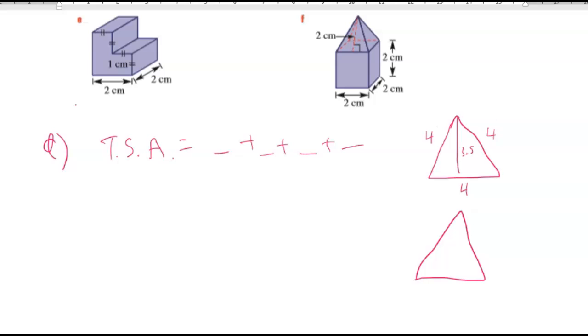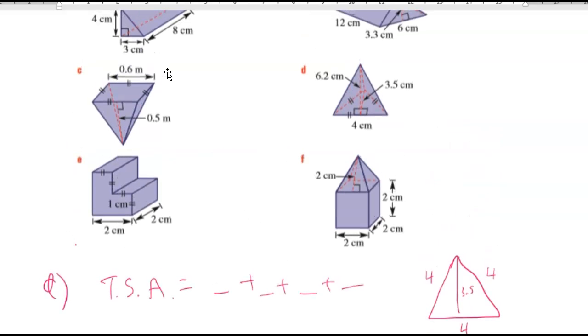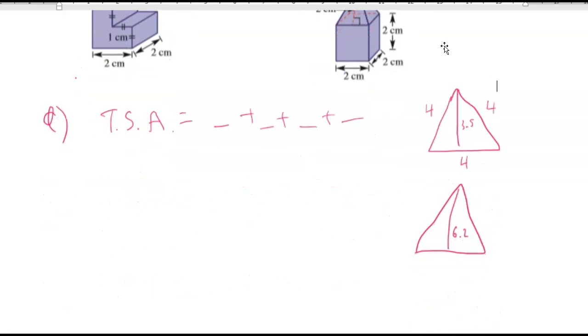So the height, so you can see that arrow. This diagram is terrible, but we'll do the question anyway. So there's the 6.2, the height of that. And I can see that length there is going to be, or it is 4. So that has a base of 4.